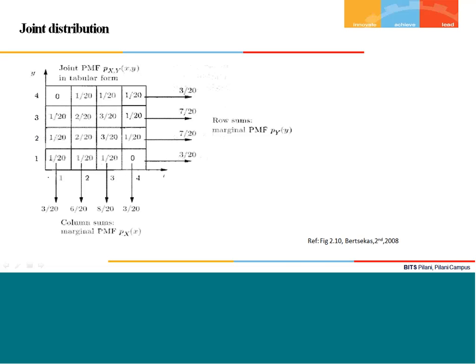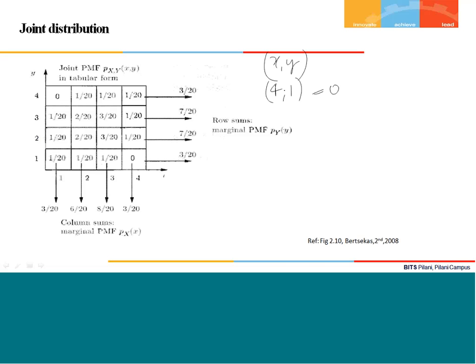If somebody comes and asks me what is the probability that I choose 4 comma 1, for example this is my ordered pair x, y, from this table I can see that the probability is 0.